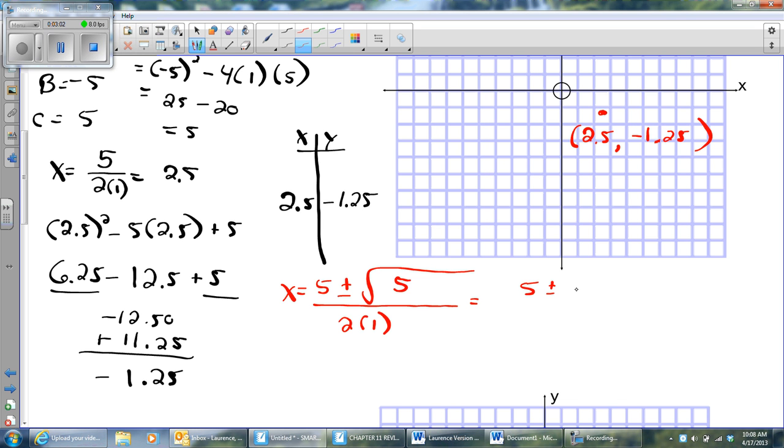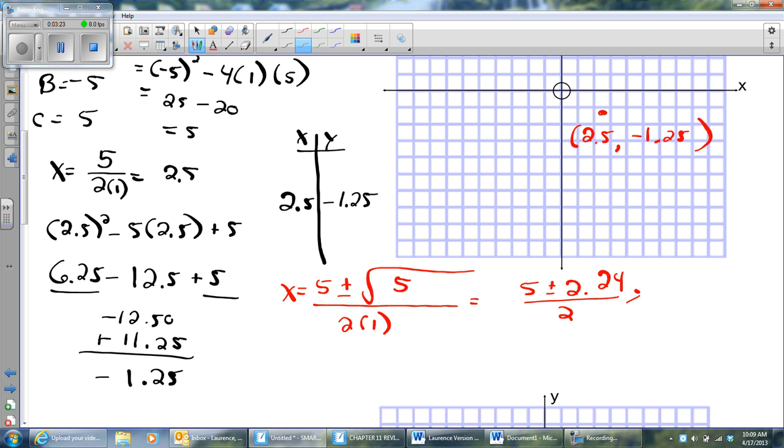Now, I can estimate the square root of 5. It's just going to be a little bit more than 2, maybe about 2.3. I'm not sure exactly. I'll go to my calculator. Oops, it's not on. Square root of 5 is approximately 2.236. So my estimation wasn't too bad. So I'll call it about 2.24. And then I'm going to divide by 2.